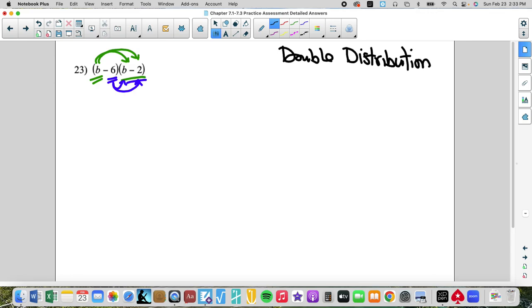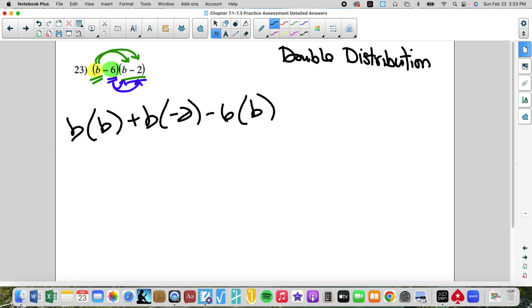We're going to do the distributive property twice. We're going to do it for the first term, which is b, and then we're going to distribute the second term, which is negative 6. So we have b times b plus b times negative 2 minus 6 times b and negative 6 times negative 2. So we distributed the b 2 times, and we distributed the negative 6 2 times.